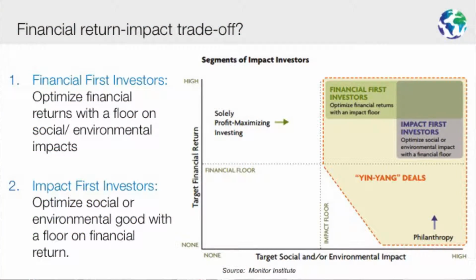So one other slide that I would want to remind us of is that the impact investors many times will come along with an orientation towards achieving more impact even if a financial floor is not yet met, and that a financial investor will certainly travel along the axis which allows them to achieve a financial floor first, and then they'll move along the x-axis, meaning from left to right, to say how much of an impact can they achieve with at least a minimum amount of financial return as they've expected to yield from their portfolio.